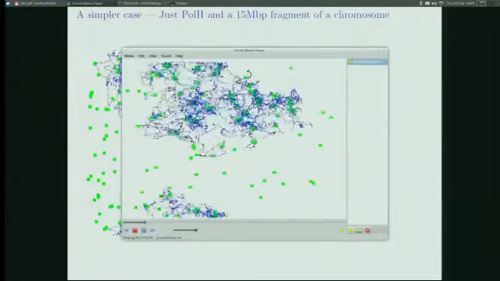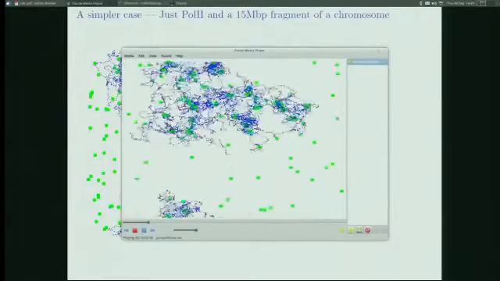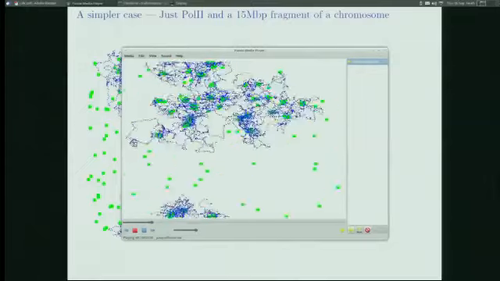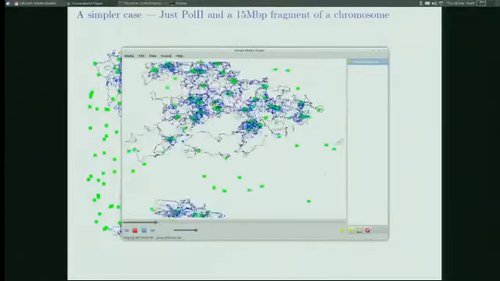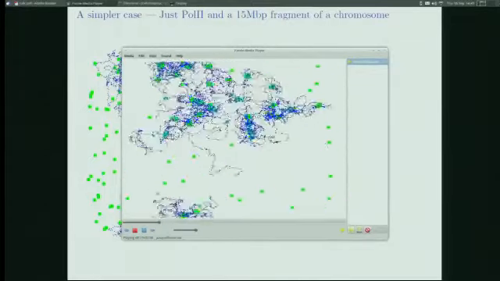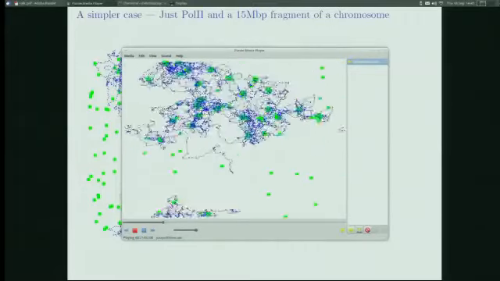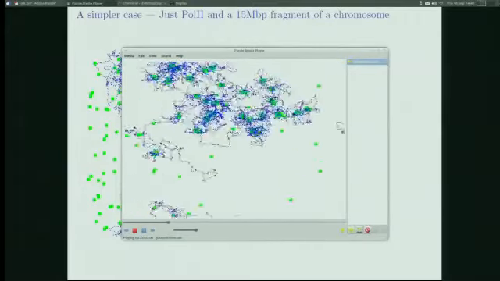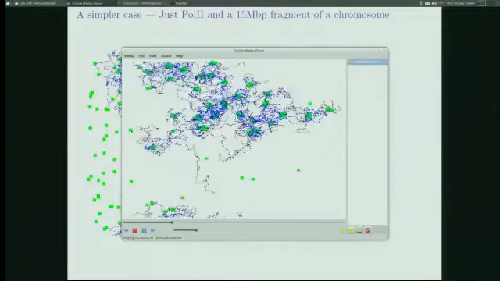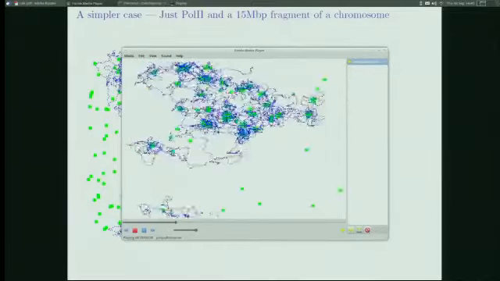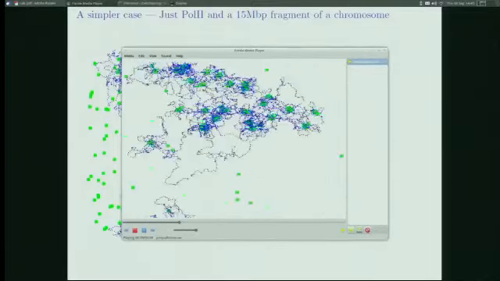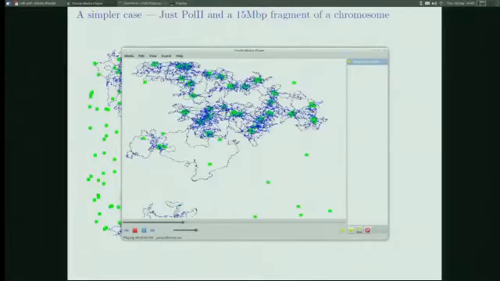And you can see that clusters are starting to form, and I don't know how clear it is, but if you look closely, you can see that around these clusters there are rosette type features. You can see these loops of DNA forming these rosettes, and these have been seen with chromatin fiber in vitro before.